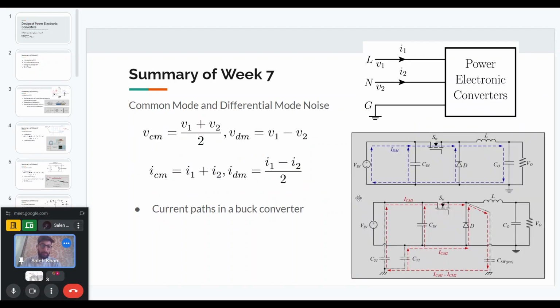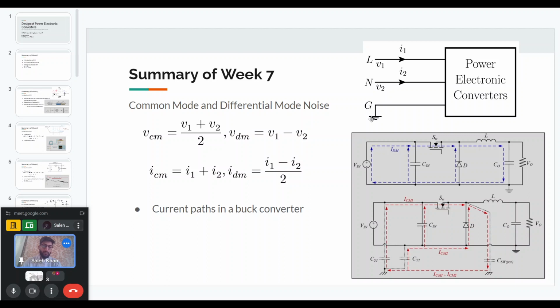One of the ways to understand this is to understand common mode and differential mode noise. So if we have, let's say, a power electronic converter here, and we have a line, a neutral, and a ground. This is not necessarily for AC converters, but also for DC converters. We'll have a positive DC bus and a negative DC bus, and that may not necessarily be the same as the ground.